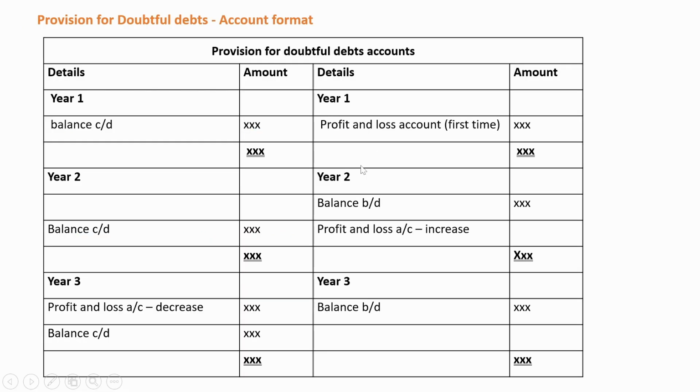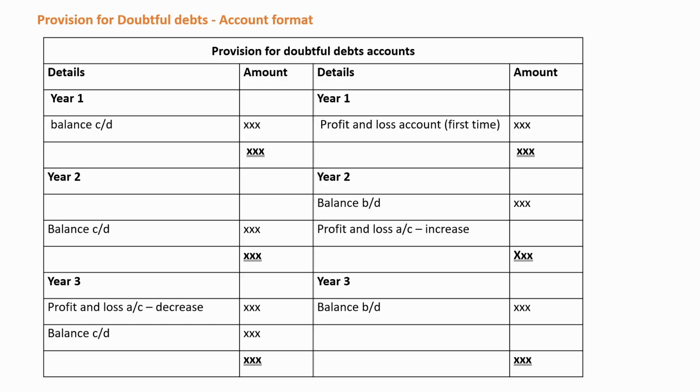So here we have a format for the provision for doubtful debts account. As you can see in our account, we have separated it in terms of years. We have year 1, year 2, and year 3. In year 1, we are going to assume we are making provision for doubtful debts for the first time.